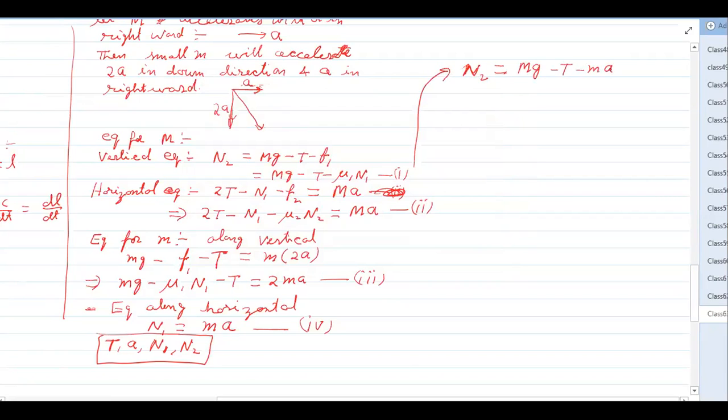This is one. Now in this one also, 2T minus Ma, I am replacing with the fourth one, N1 equal to ma. Everywhere where it is N1 we are replacing ma, minus mu2 N2 equal to capital Ma. Then the third one, we can take small mg minus mu1 into ma minus T equal to small 2ma.